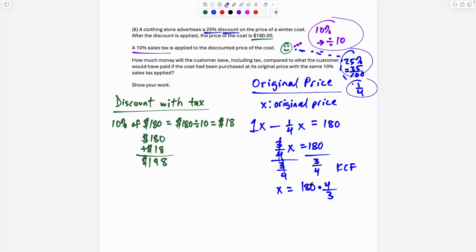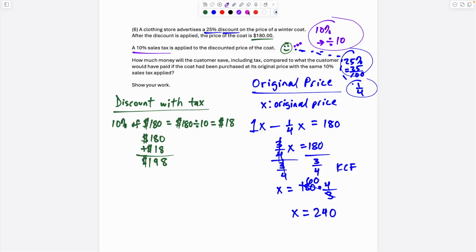I could do 180 times 4, then divide by 3, but it's much easier to do 180 divided by 3, which is 60. Then X is equal to 60 times 4, which is 240. For this math, I'm just doing 6 times 4 is 24, and I put a 0 at the end. So the original price of the coat is $240.